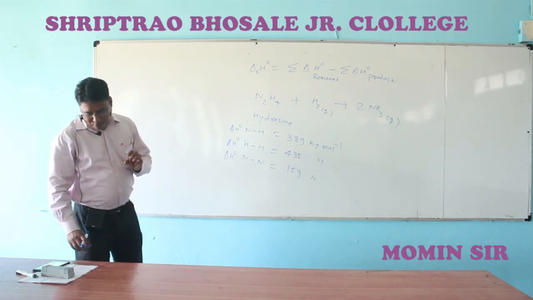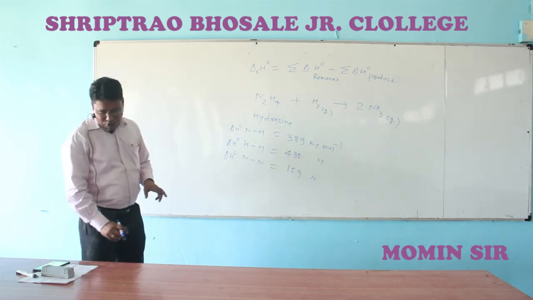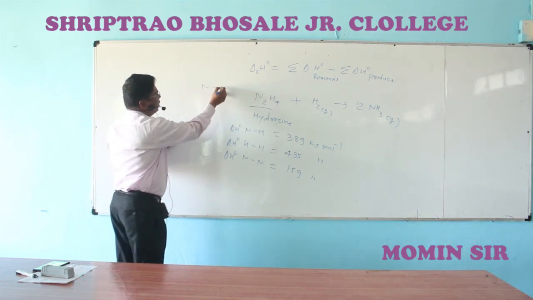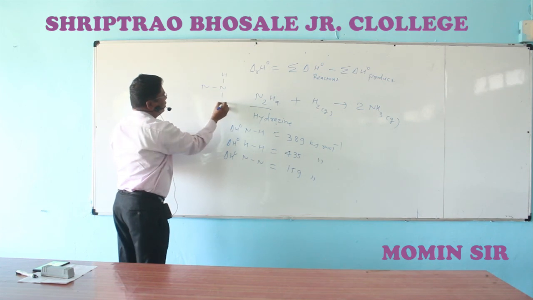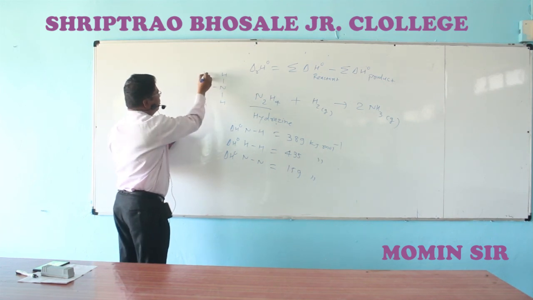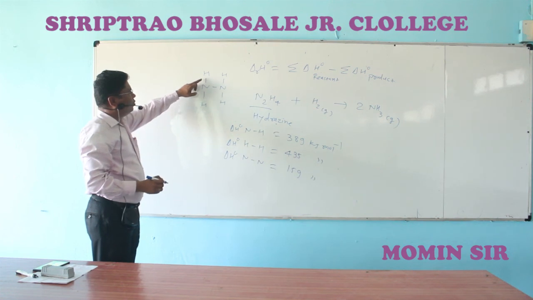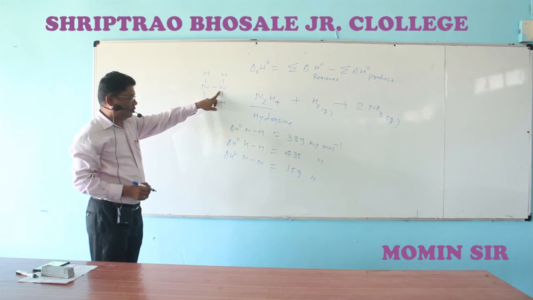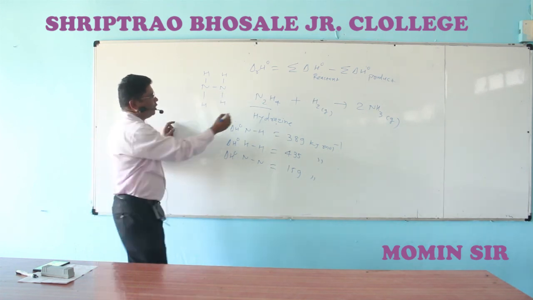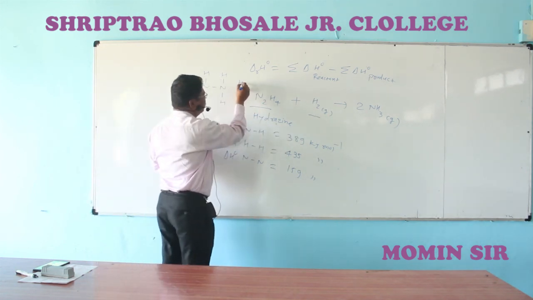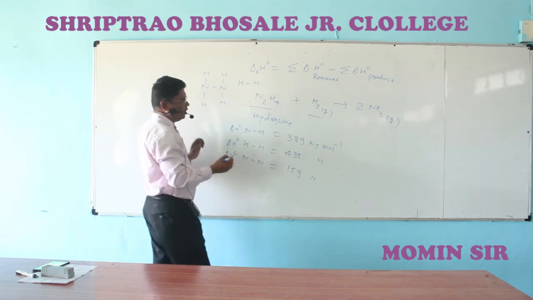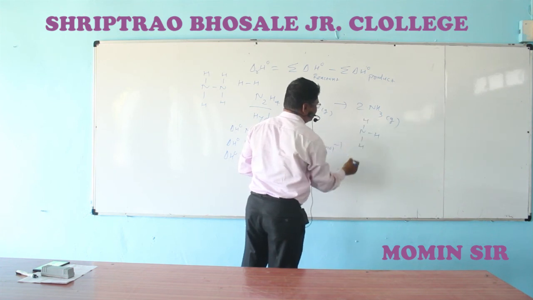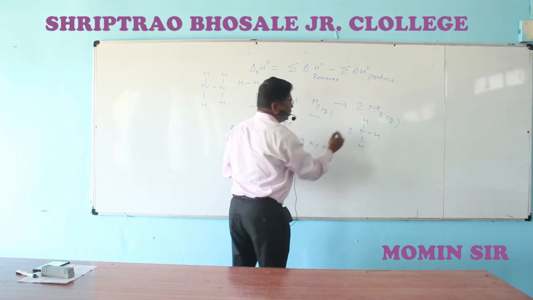So when we put the values, how many nitrogen-hydrogen bonds are in this reactant? 1, 2, 3, 4 nitrogen-hydrogen bonds, and 1 nitrogen-nitrogen bond. Similarly, in the other reactant one hydrogen bond is there, and in NH3 there are 3 bonds, but there are 2 NH3.